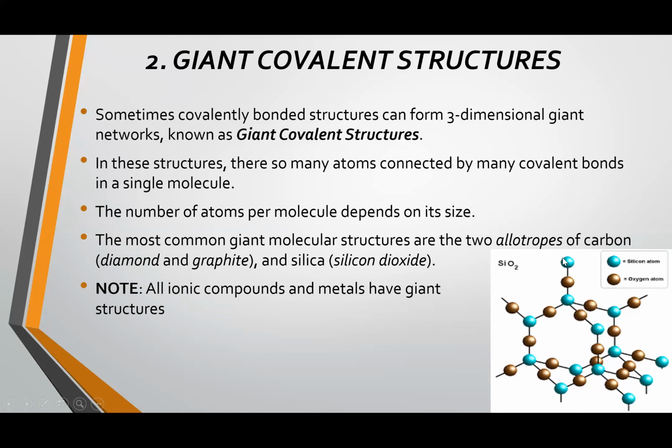The blue balls represent silicon atoms, and the brown ones represent oxygen atoms. You can see that we have so many atoms bonded together in the structure. It is a three-dimensional structure with so many covalent bonds and so many atoms.